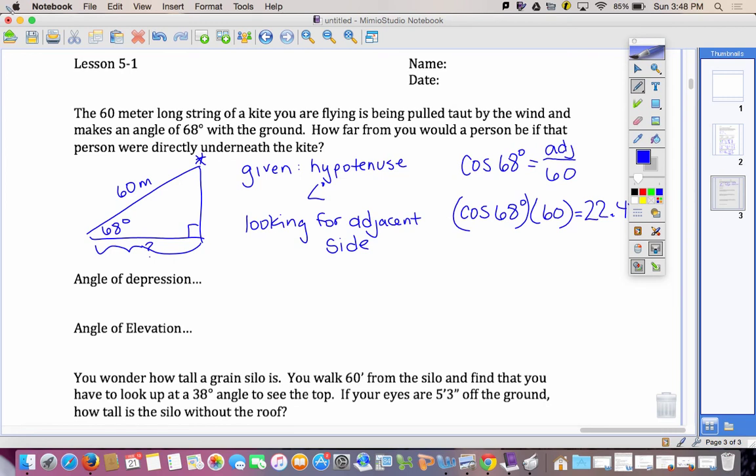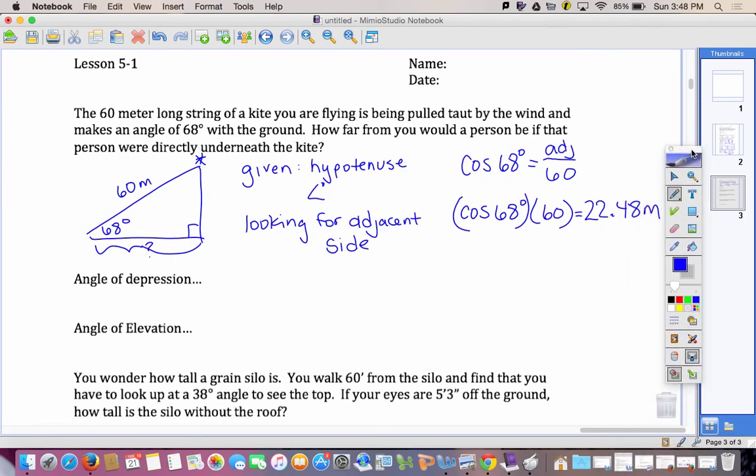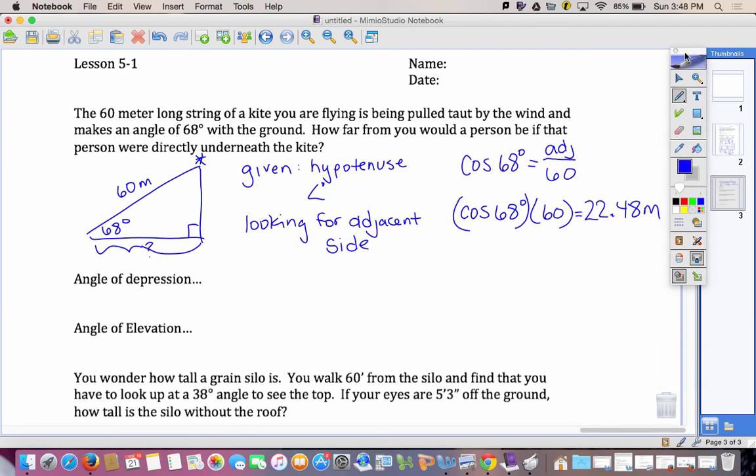So I would multiply 60 by the cosine of 68 degrees and get that it is 22.48 meters from the original person. So how far would a person be if that person were directly underneath the kite? And the answer is 22.48 meters.